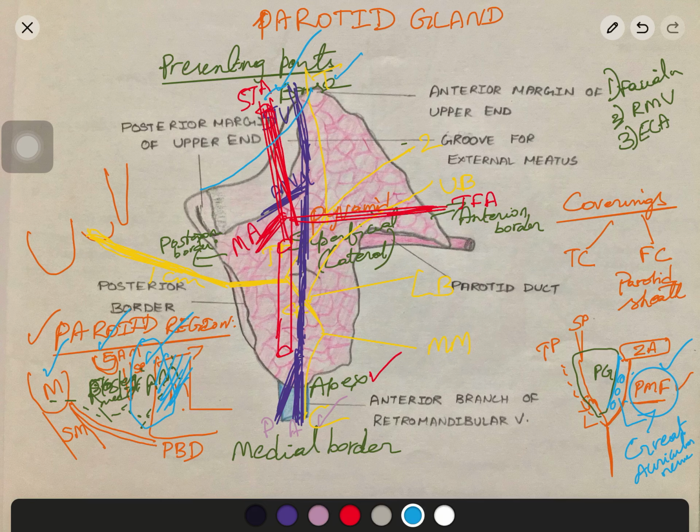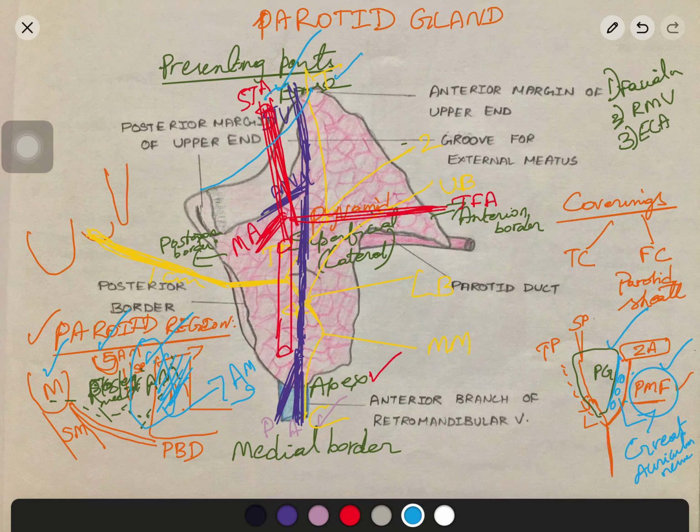Posteromedial surface is extensive and comes in contact with the mastoid process, styloid process, and deep to the styloid process also. So these are the posteromedial surface relations. So I have explained the surfaces, base and apex. Superficial surface, in this diagram, is related to the parotid group of lymph nodes and to the great auricular nerve.